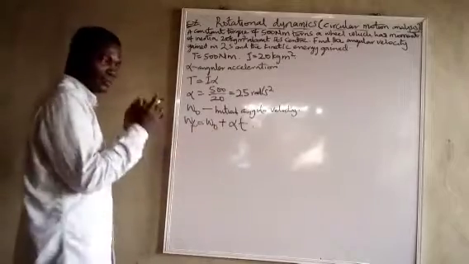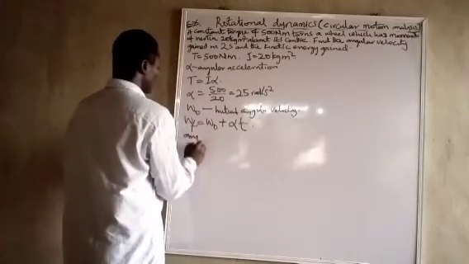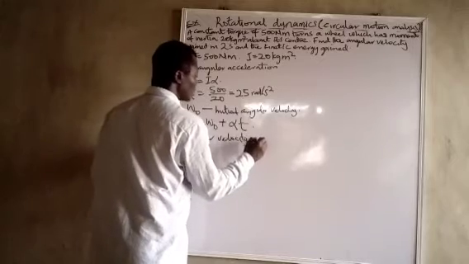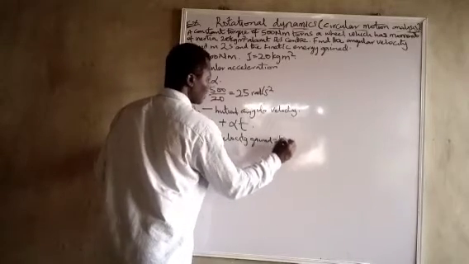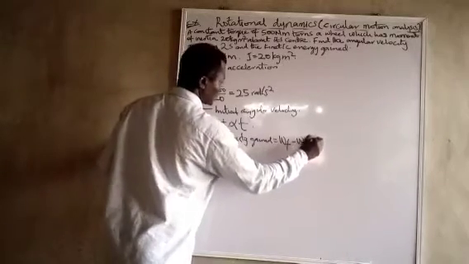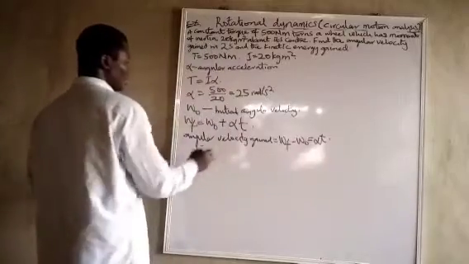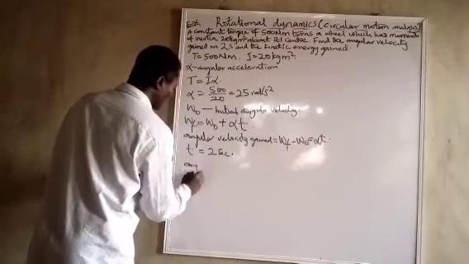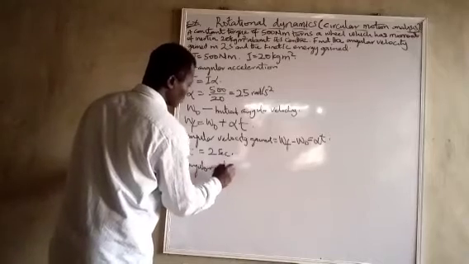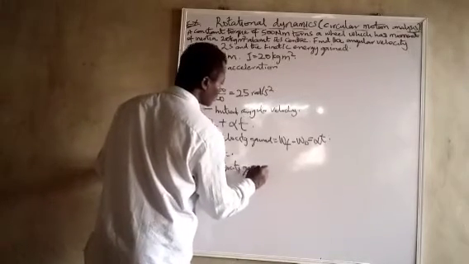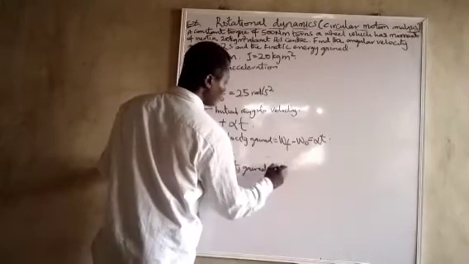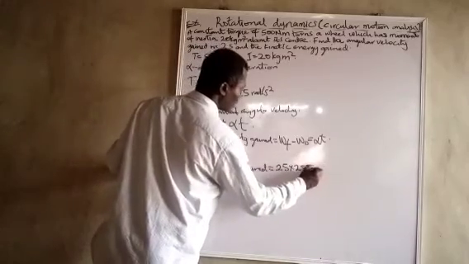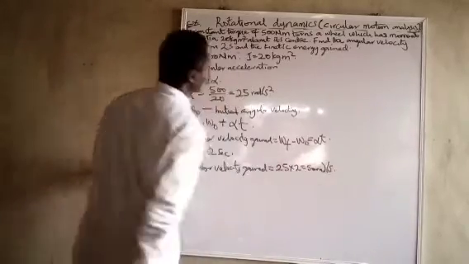From here, the angular velocity gain is equal to final velocity minus initial velocity, which is alpha t. Therefore, we know that our t is equal to 2 seconds. Therefore, angular velocity gain is equal to 25 times 2, which is 50 rad per second.